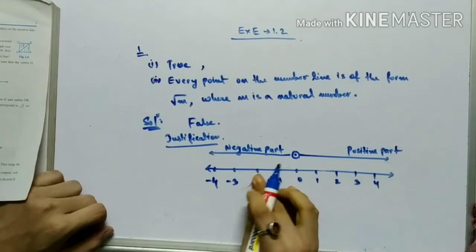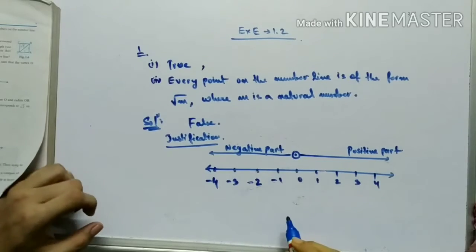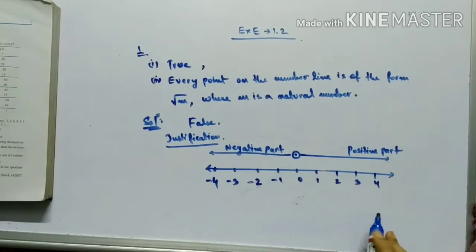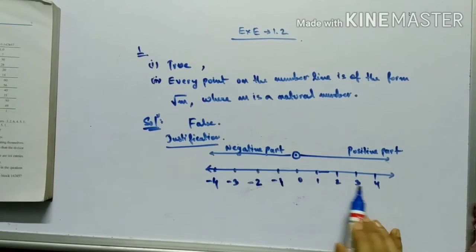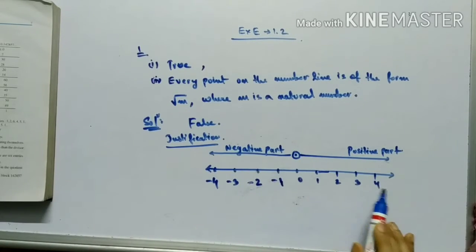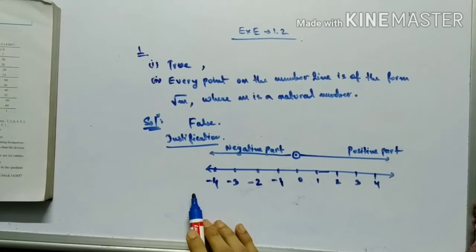So in here we have already found how to represent the square root of 2, square root of 3, square root of 5 on the number line. But on this number line there are not only positive numbers but negative numbers also.